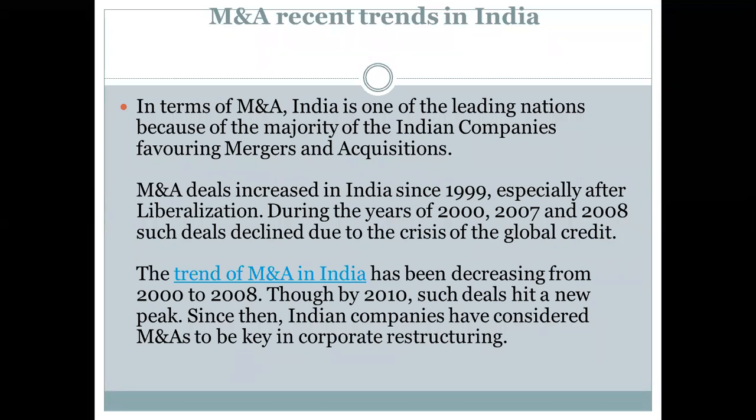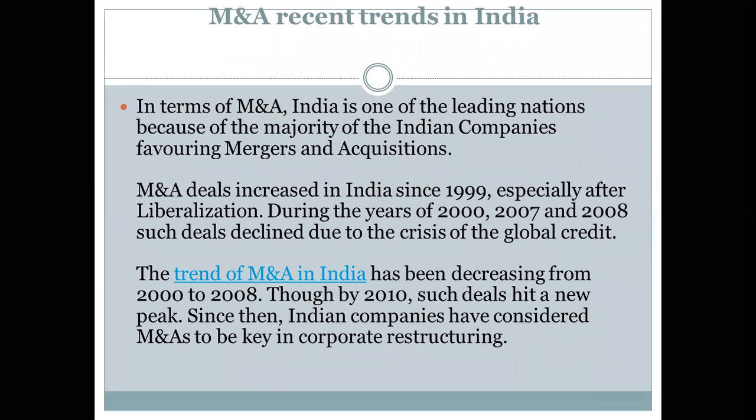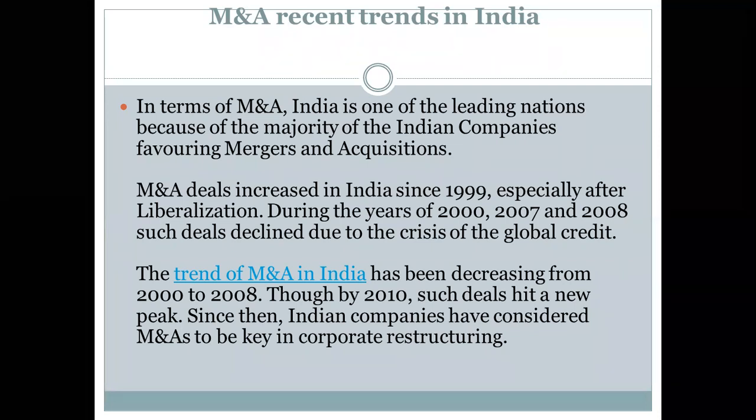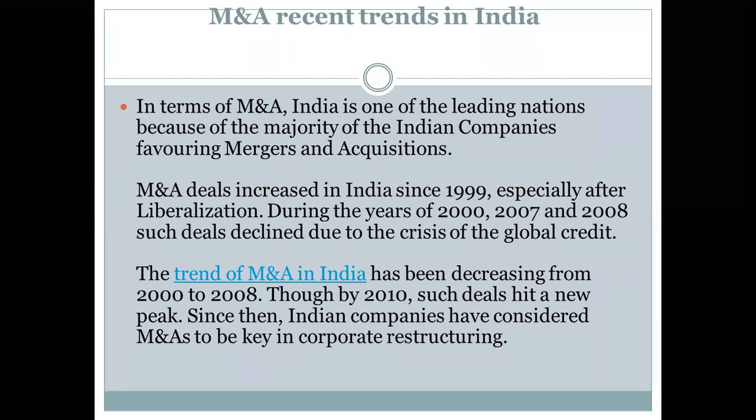Merger and acquisition has generally increased in India since 1999, especially after the liberalization process. But during the years 2000, 2007 and 2008, merger and acquisition declined due to the crisis of global credit, changing circumstances, changing political and global factors, and reduction of EXIM policies, that is the export and import policies.